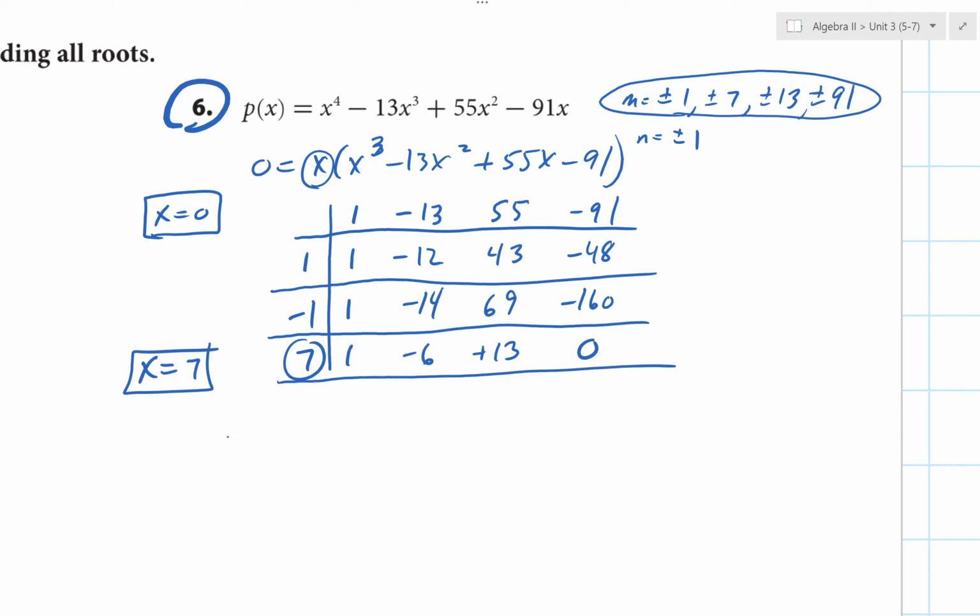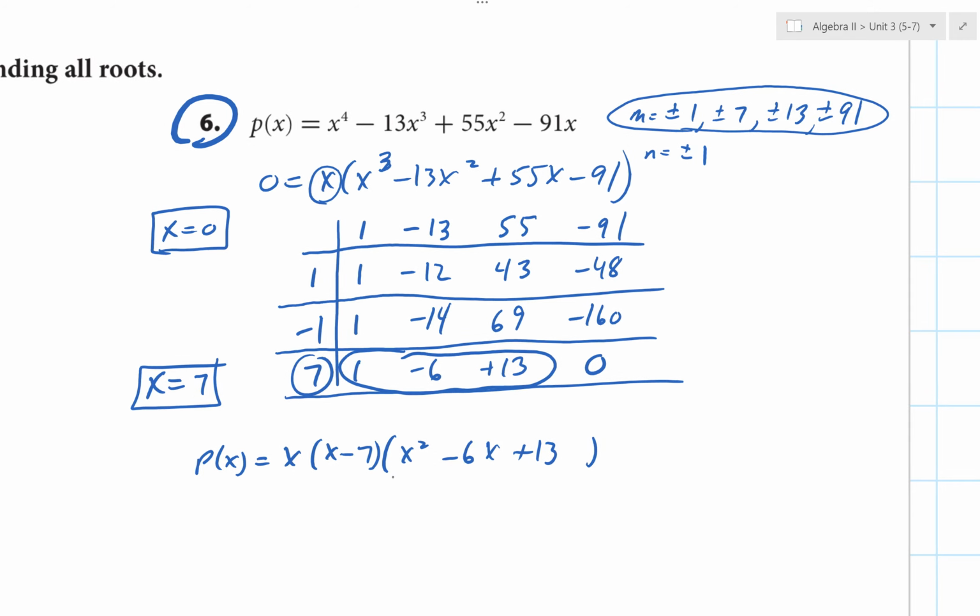So now we can say that our polynomial p of x could be written as x times x minus 7. And our remaining factor comes from these coefficients right here. That is x squared minus 6x plus 13, which again is not factorable.